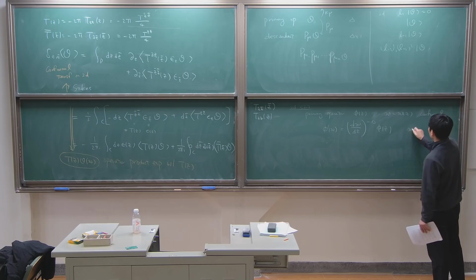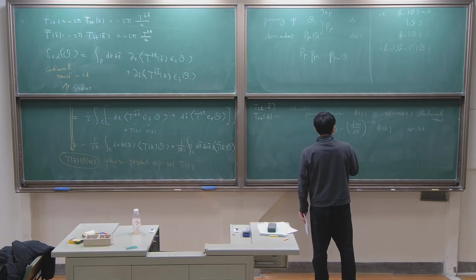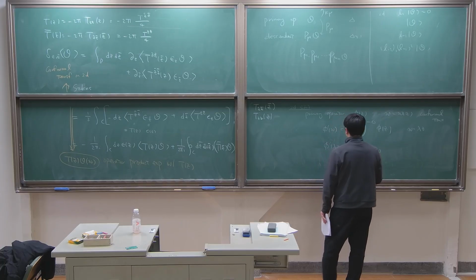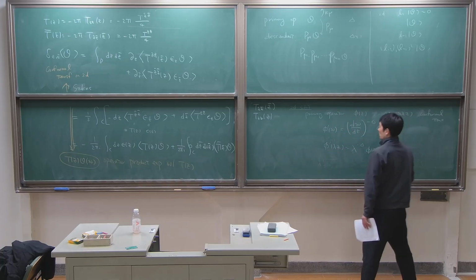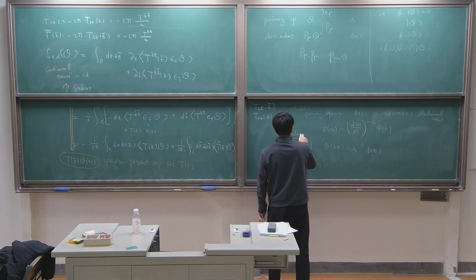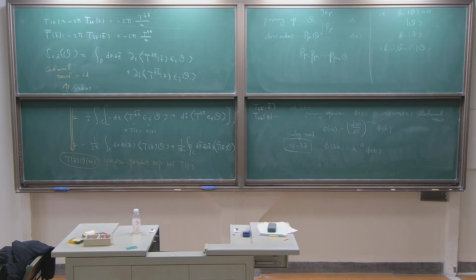If w is just lambda times z, it just becomes what we want. So this is in the case of w equals a scaling transformation. So we have this kind of transformation.